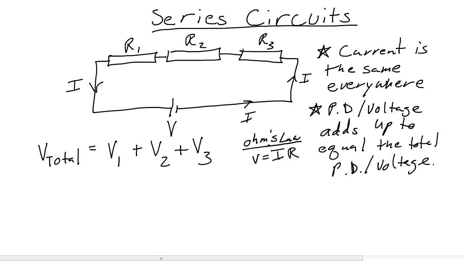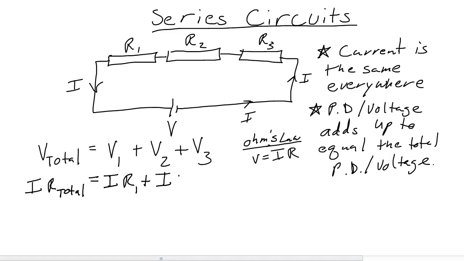If I were to apply Ohm's law and do some substitution, I could say that V total is the same thing as R total, the total resistance, times the current. I could say that V1 is equal to the current through that resistor times its resistance, R1.